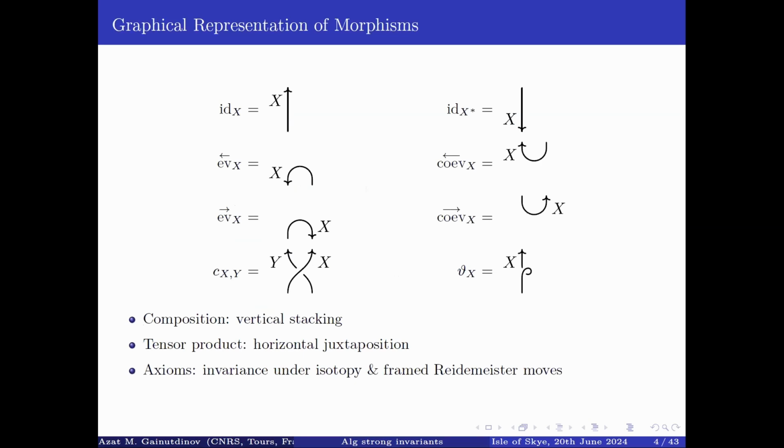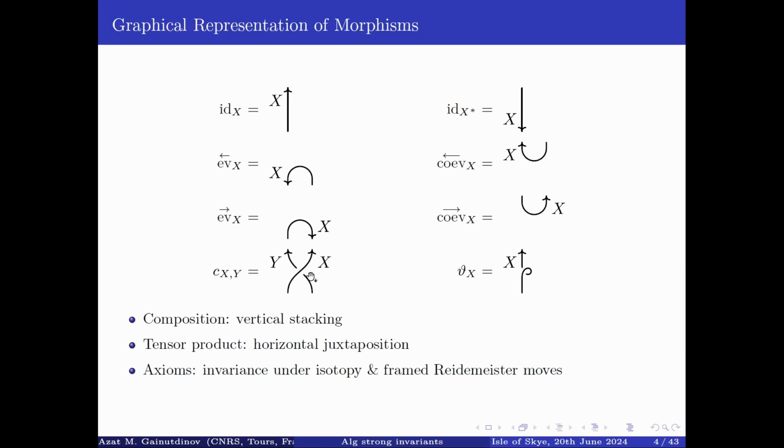And we need graphical presentations of these morphisms because they all come from topology. So I will have graphs, general ribbon graphs, and I will label components by objects, and they will be directed. The direction up means I have the identity on X, and direction down means X star. And then I have evaluation and coevaluation maps, with caps and cups.